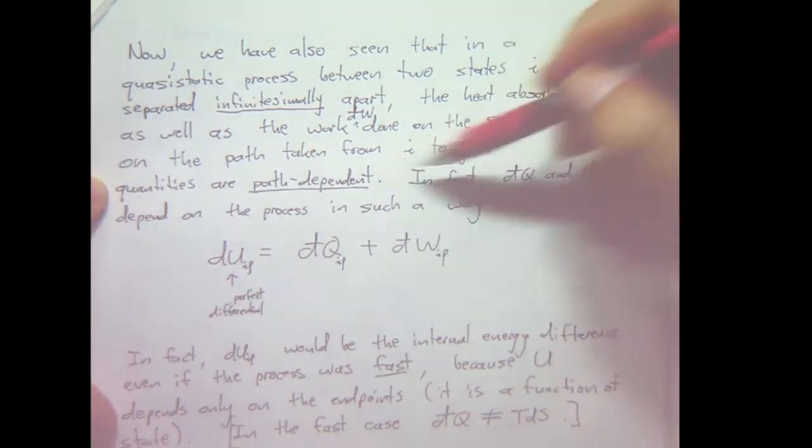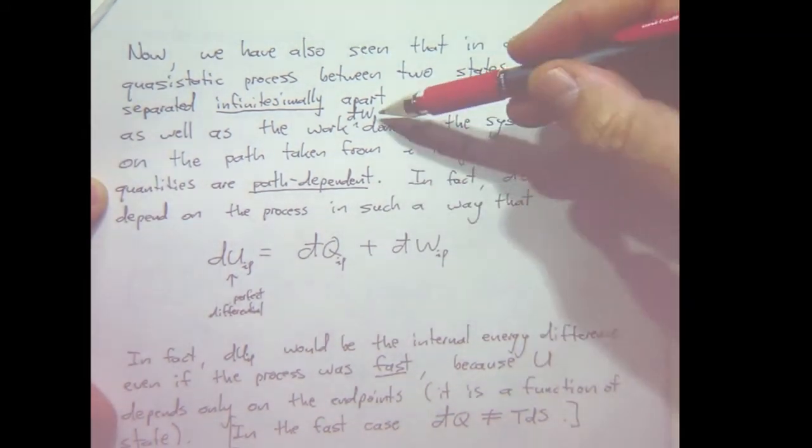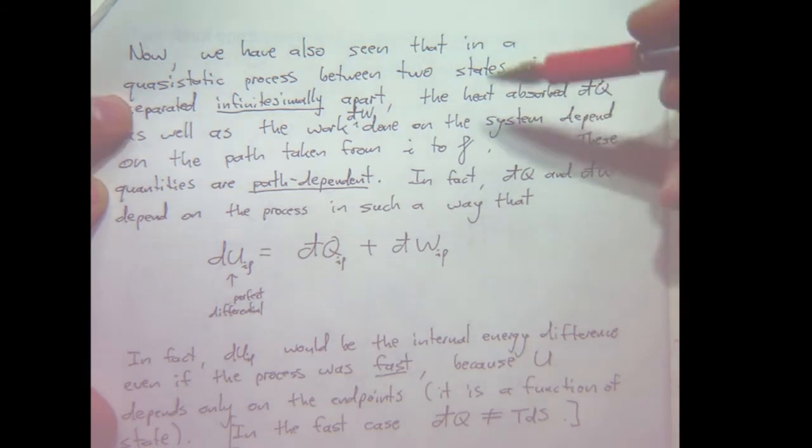So these quantities are path dependent: the work done and the heat absorbed.